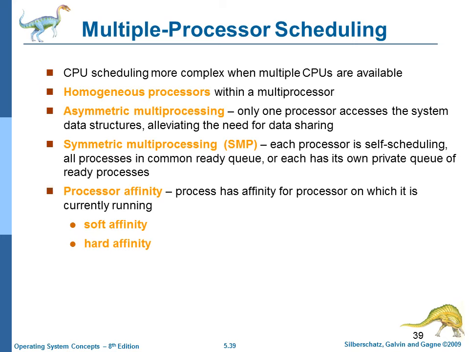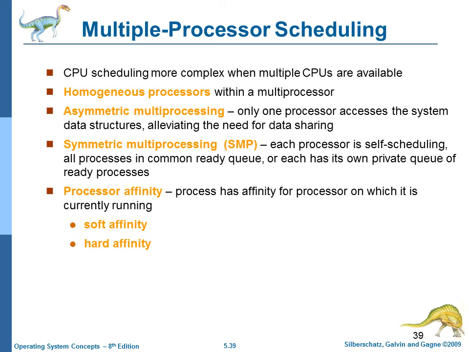The first point we will discuss is symmetric and asymmetric multiprocessing. Asymmetric multiprocessing is when one processor among the number of processors is the master, controlling all the activities and running all the kernel code, while the others run only user code.